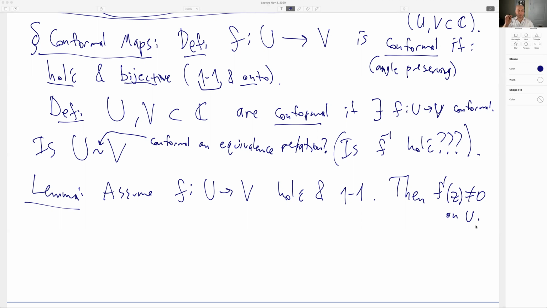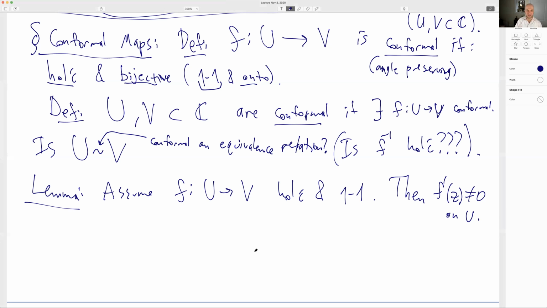If it satisfies the Cauchy-Riemann equations, is that enough to deduce holomorphicity? You need slightly more than just that you satisfy the Cauchy-Riemann equations. So conformality is almost equivalent to the Cauchy-Riemann equations, because if you look at what the linear map is, you have some linear map.